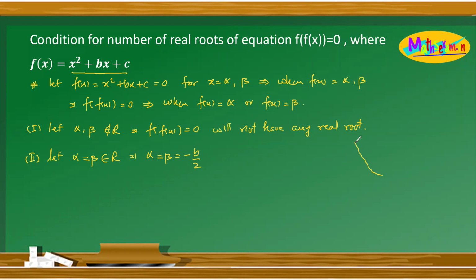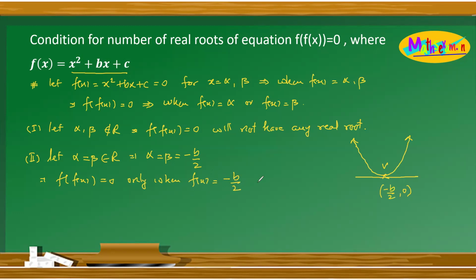In other words, this is an upward opening parabola touching the x-axis at the vertex whose x coordinate is minus b by 2 and the y coordinate is 0. So f(f(x)) will be equal to 0 only when f(x) is equal to minus b by 2.